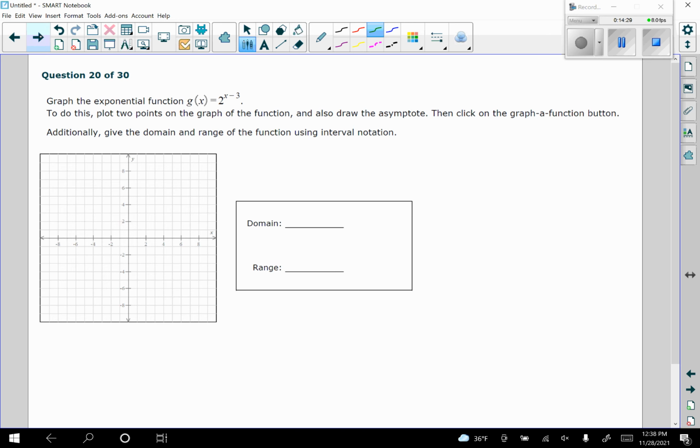And the last one for this set, another exponential function we want to graph here. So again, let's make a table. Let's just start with y equals 2 to the x, and then this would just transform by shifting 3 units to the right. So we'll have x, and then we'll have y equals 2 to the x.